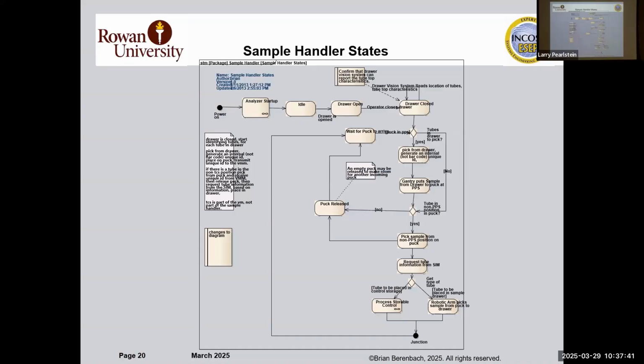Once it's started up, the machine goes to idle, the drawer opens, and then nothing's going to happen until the operator closes the drawer. And then you have to wait for a puck to show up. Once the puck shows up, you pick from the drawer with the robotic arm, you put it on the puck, which is really like a railroad car, and then off she goes.